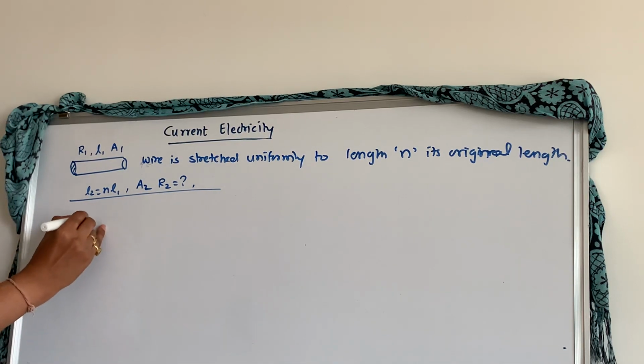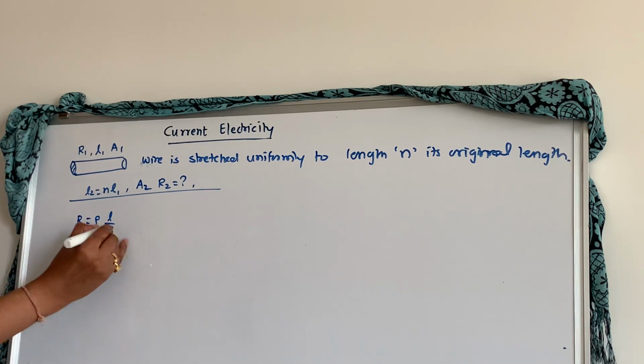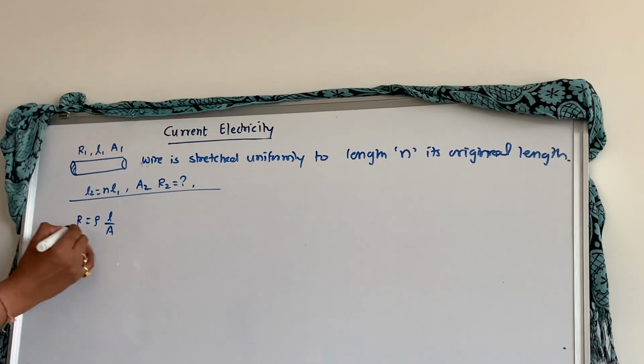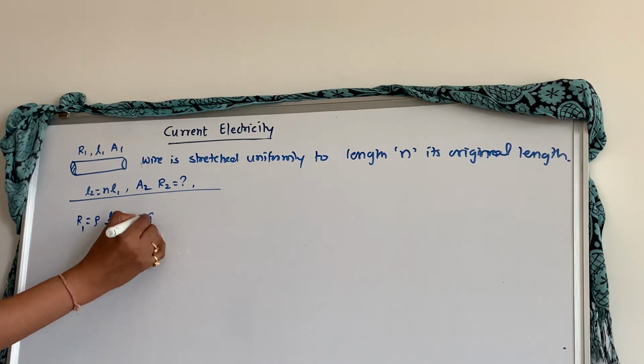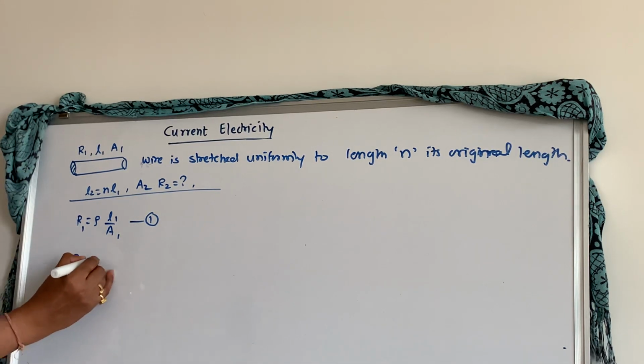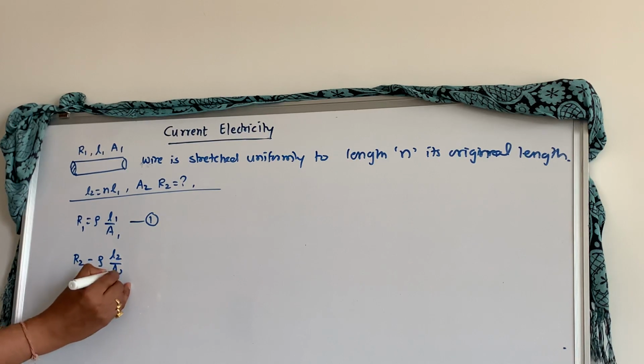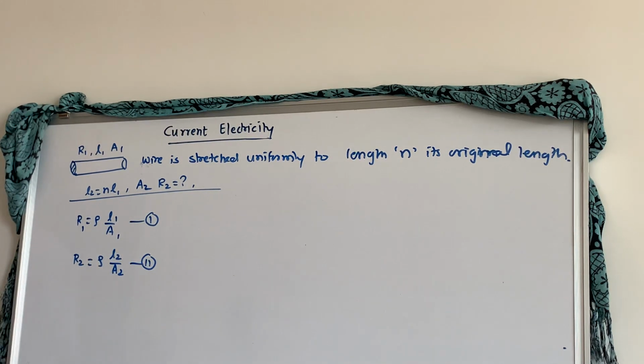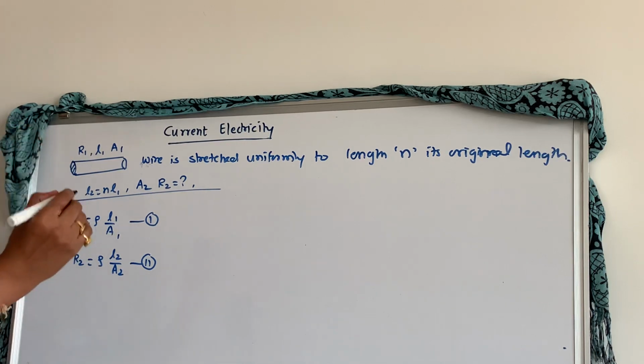Now check how to start with this. You have R is equal to rho L upon A. First case, I write R1 is equal to rho L1 upon A1. This is equation number 1. For the second case, resistance R2 is equal to rho L2 upon A2. Equation number 2. Why not rho 1, rho 2? Since the material is the same, the specific resistance remains the same. So I will divide equation 2 by equation 1.